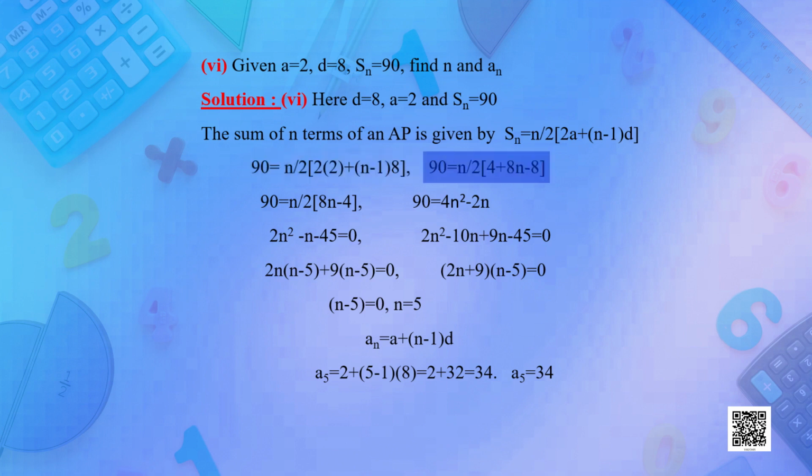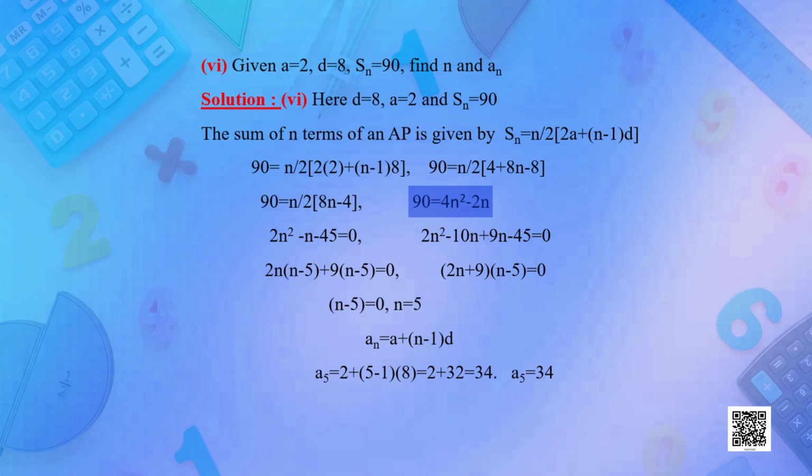Look here, we can write 90 is equal to n upon 2 into 4, 2 2s are 4, plus 8n minus 8, that is equal to 90 is equal to n upon 2 into 8n minus 4, which on simplification gives us a quadratic equation.